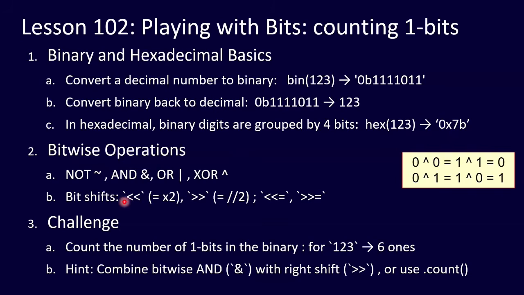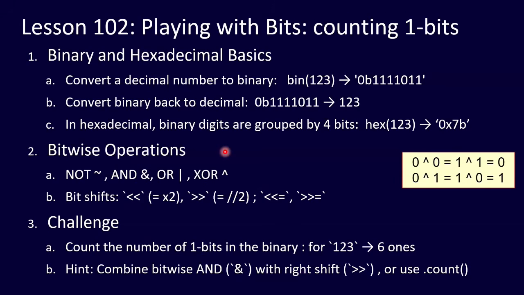And also bit shift operators and bit shift assignment operators like these. Lastly, I explained how to count the ones in, say, decimal representations. I will come back to this point later at the end of today's lesson.